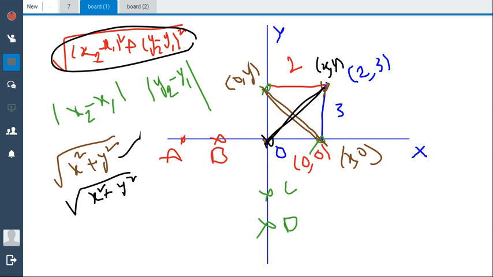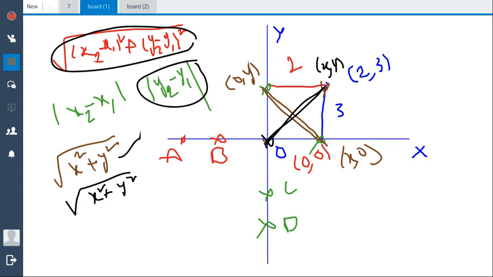Next, if 2 points lie on the x-axis, the distance formula is modulus of x2 minus x1. If 2 points lie on the y-axis, the distance formula is modulus of y2 minus y1.